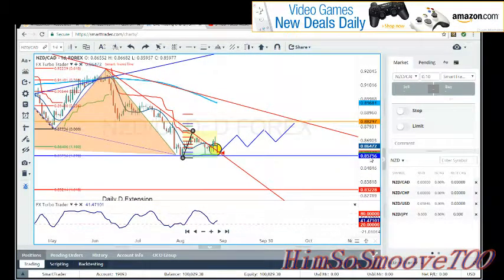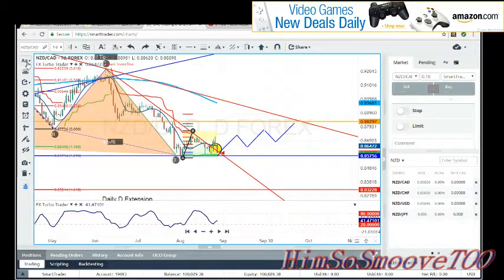So we could be looking to scalp trade this. Scalp trade this up to the 118 extension and then start looking to sell.